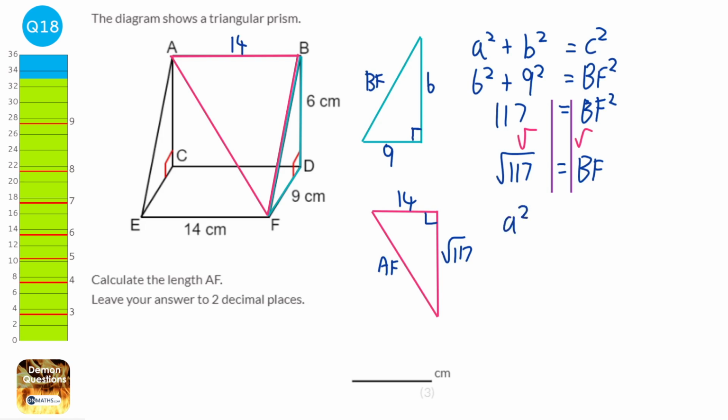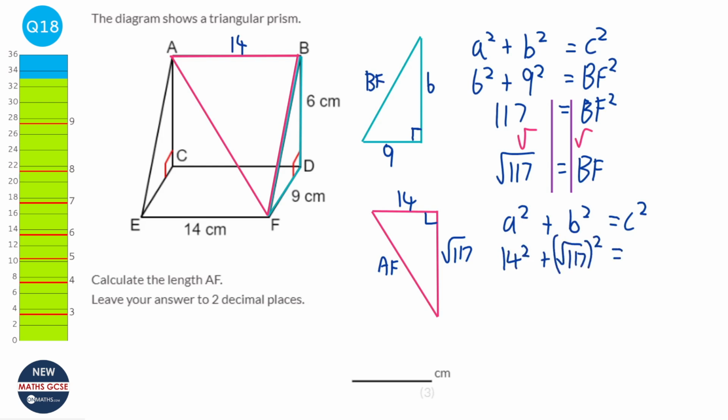Okay, so we're going to use our a squared plus b squared equals c squared. And a squared is 14 squared plus square root of 117 squared equals AF squared. So 14 squared is going to be 196. Now root 117 squared is just going to get rid of the square root, so it's just going to be 117.